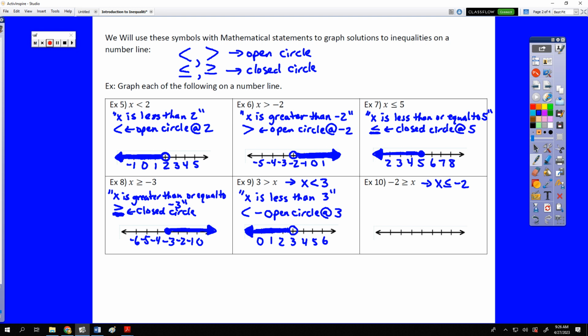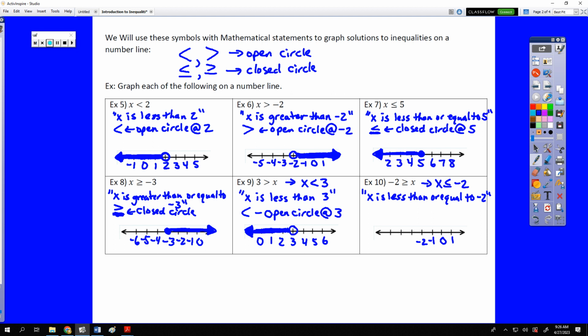So, again, that says x is less than or equal to -2. So we want -2 to be right in the middle of our number line somewhere. Numbers that are bigger than -2 are -1, 0, 1.